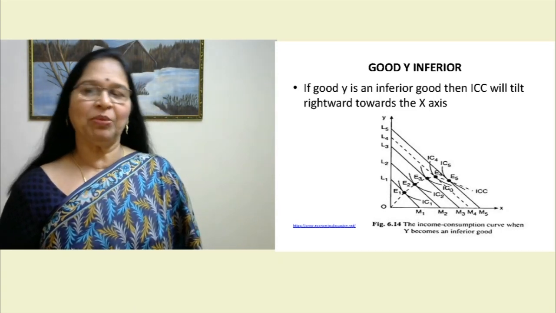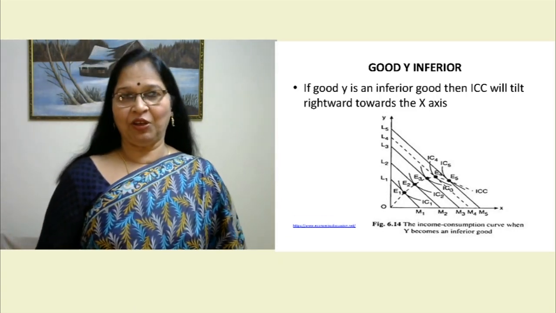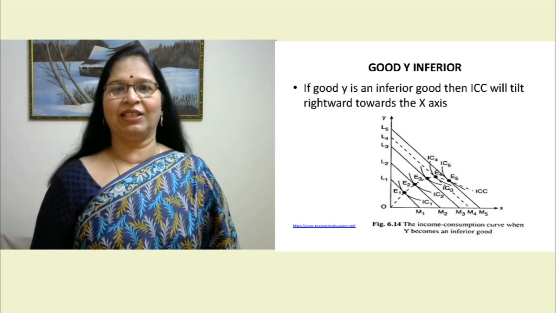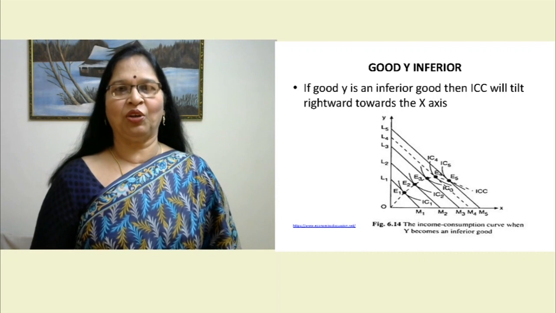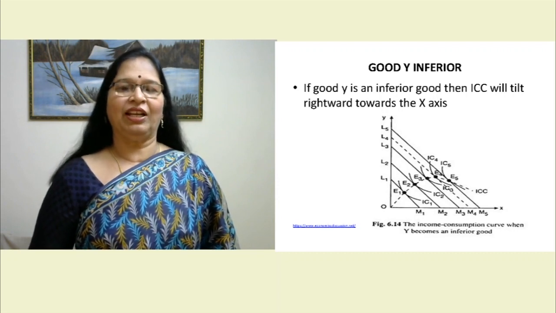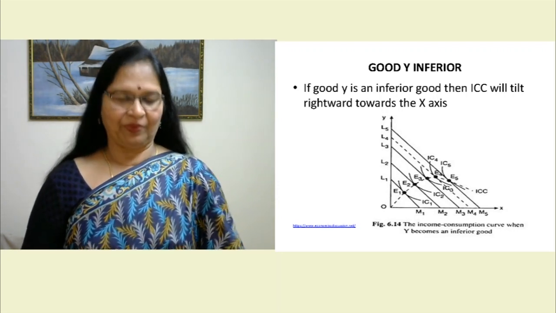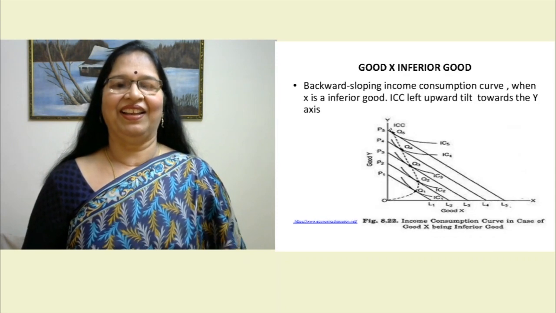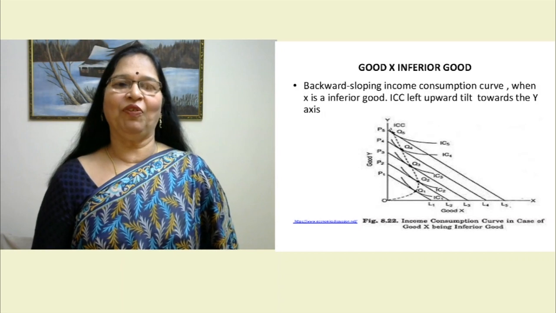Now, the same argument you can put for X as an inferior good. Between X and Y, X as an inferior good. I'm sure that this diagram you can draw on your own. Now, this is how the curve will look like.